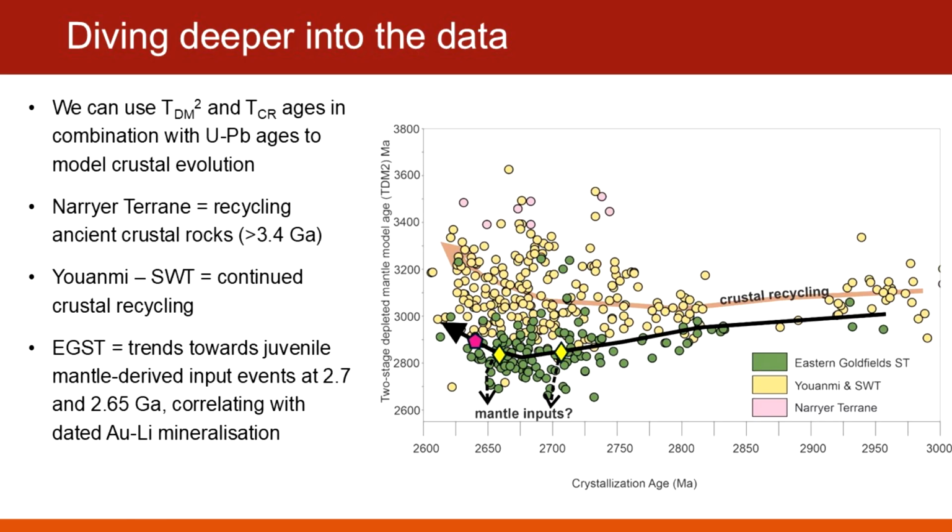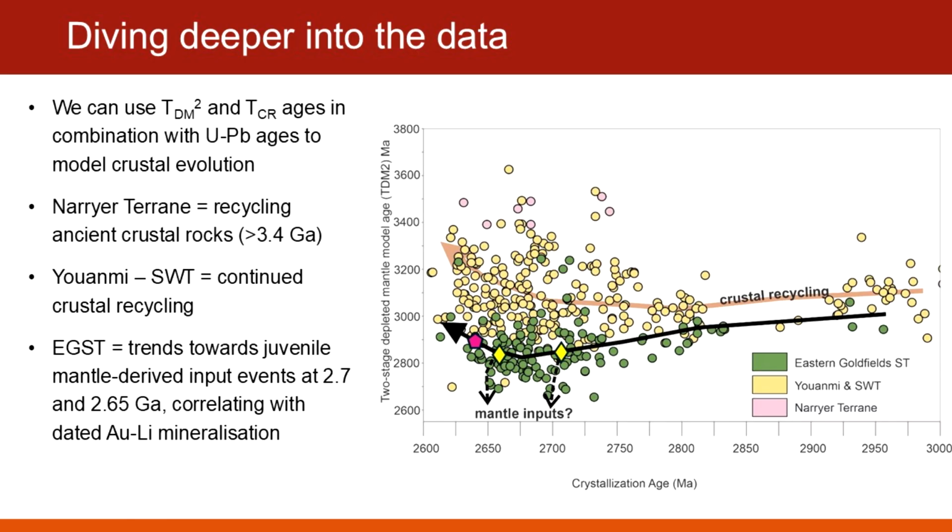In the Youanmi, we're looking at about 2.9 to 3, which is a similar age to the depleted mantle model age. These are probably relatively juvenile and primitive to start with, but over time have progressed to more crustal reworking in that Youanmi terrane and Southwest terrane. But if we overlay the Eastern Goldfields, we can see that the trend is different.